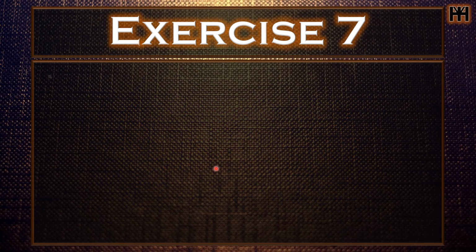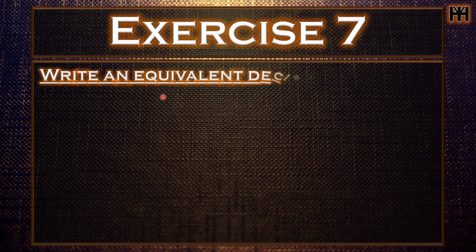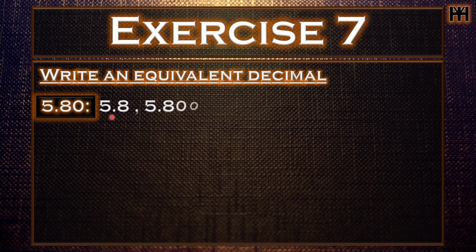Exercise 7. Write equivalent decimals. We have 5.80. What's equivalent to 5.80? 5.8 and 5.800. It's the same as 5.80, whatever the number of zeros put after the 8, it doesn't matter.